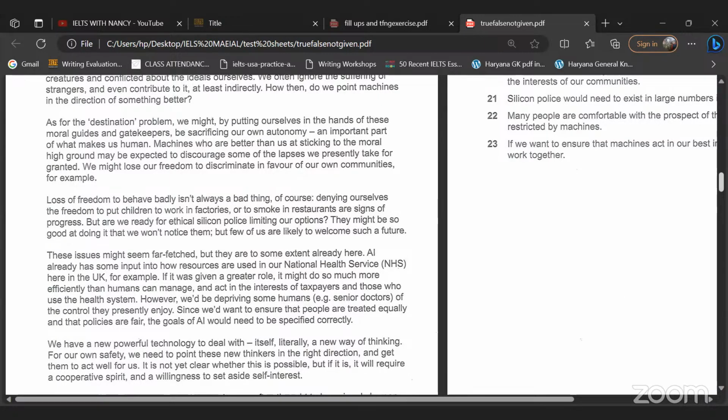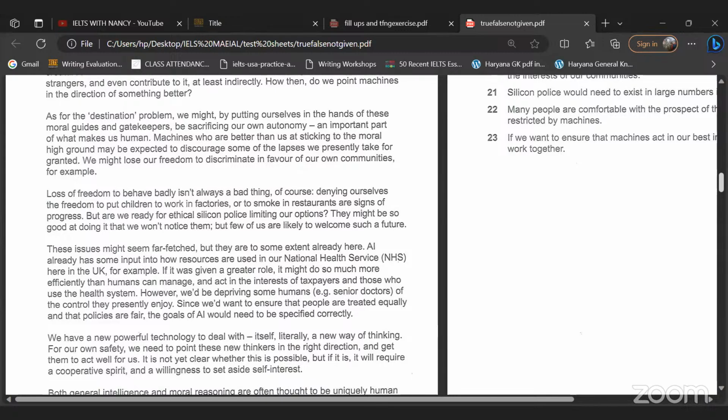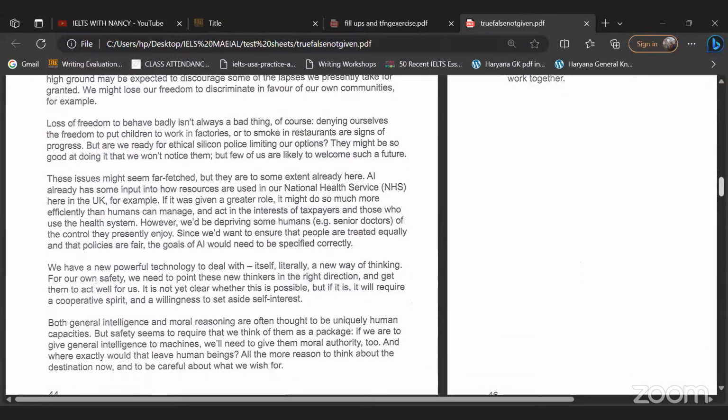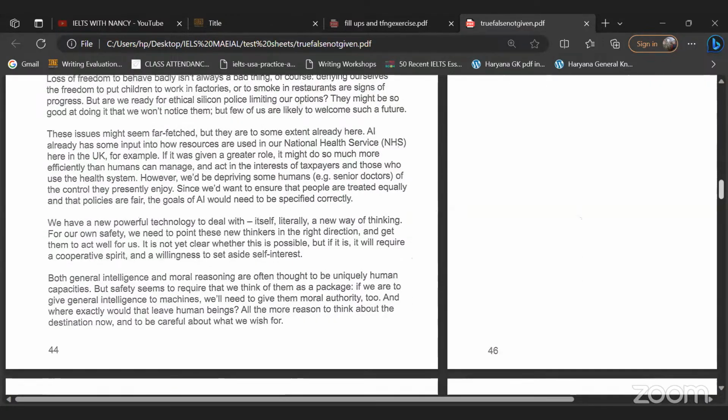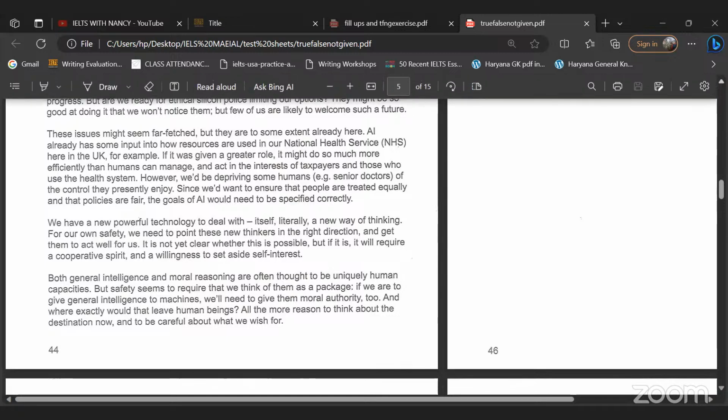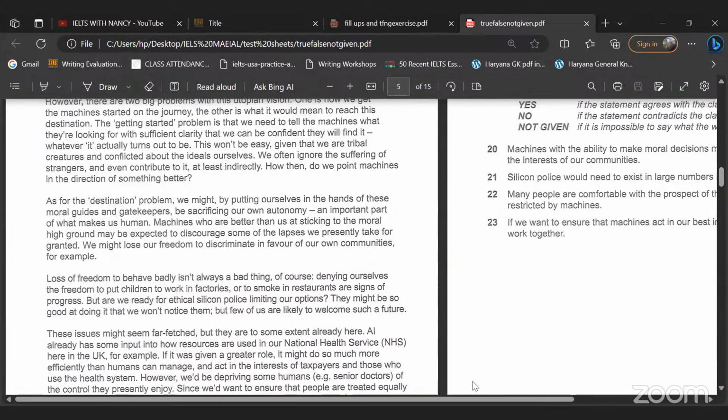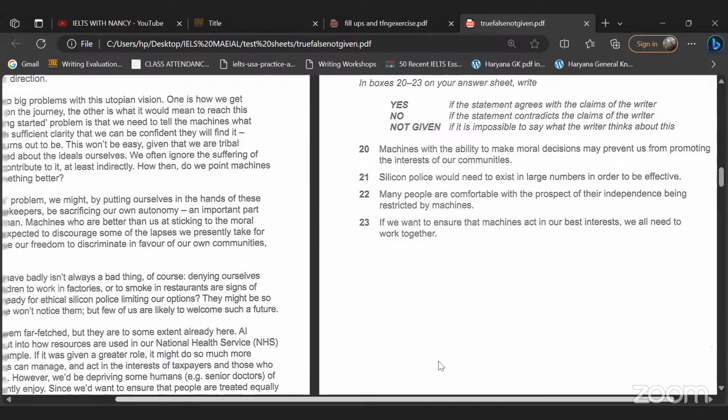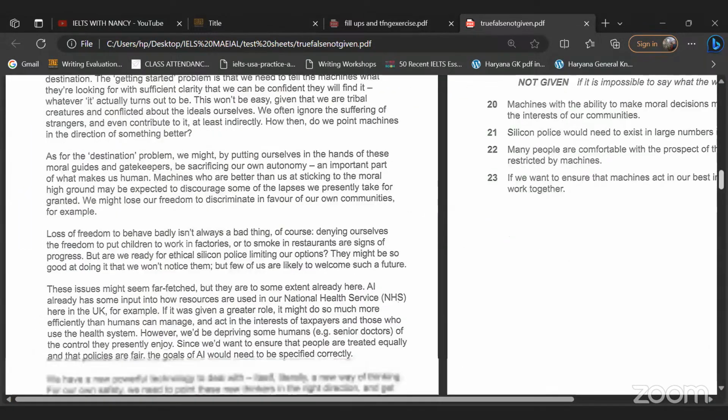Many people are comfortable with the prospect of their independence being restricted by machines. Independence of machine, dependence on machine. When these are right, I should get them.